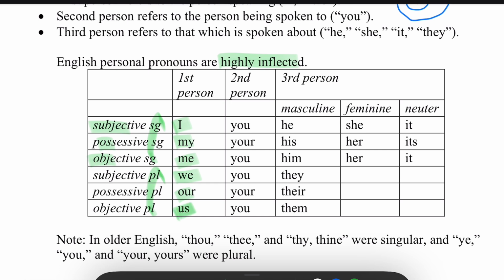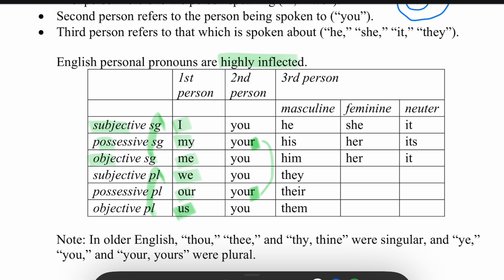And then similar with second person, we have some inflection where you have your for the possessive, but you'll notice that we don't have any distinction between plurals. So your backpack is the same as if addressing the whole class, I would say your grades. And your grades could be referring to an individual, or it could be referring to the collective grades of the class.